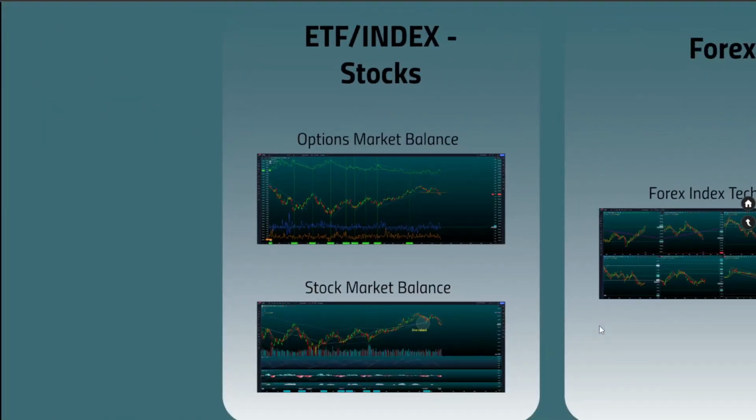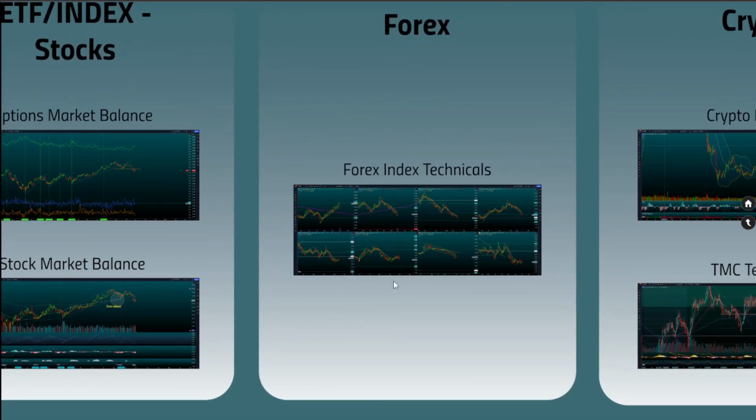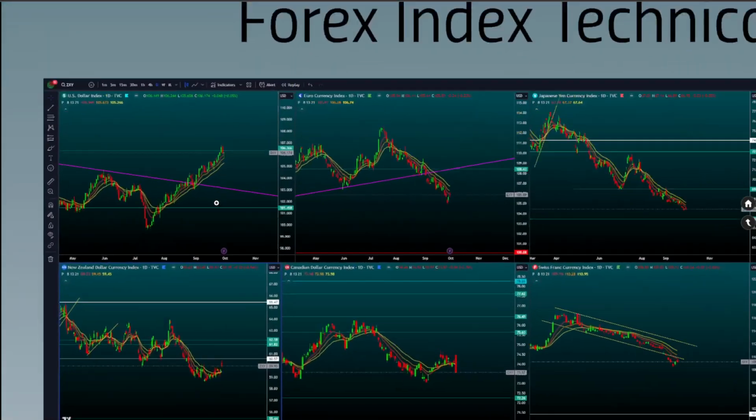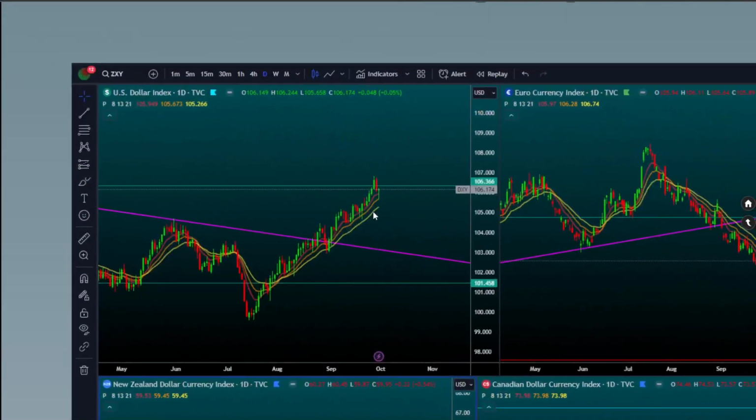Now, these are the ETF stocks and indexes, but in the Forex market, as I talked about, the DXY is pretty much showing some sign of exponential movement to the upside, which would be a good sign because we are really waiting for a correction now. This is one of the longest single structures to the upside for a very long time, and I really want to see the price decline a little bit.